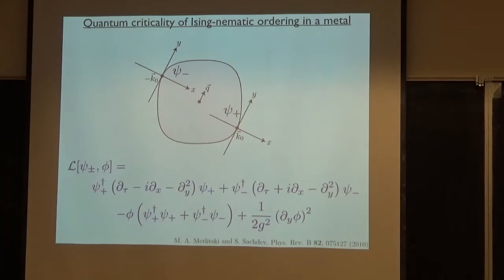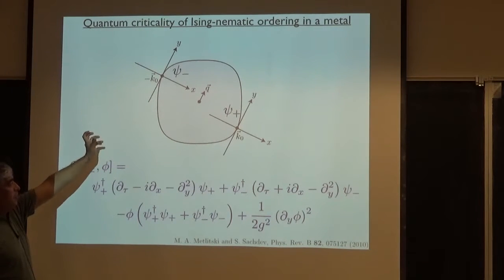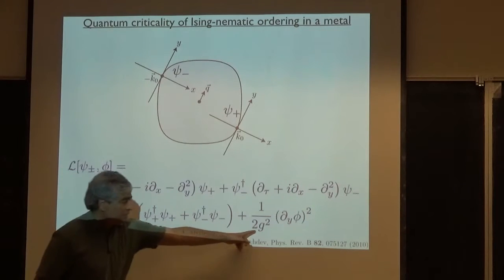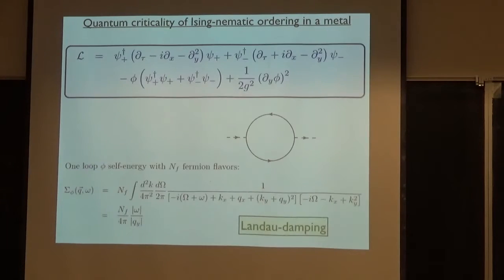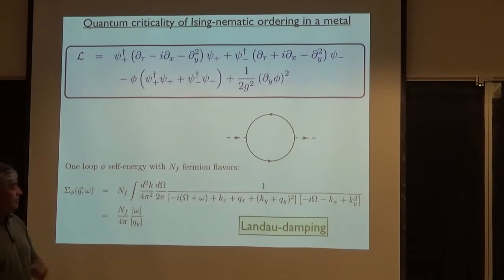But for now, let me just take this theory. All I've done is this expansion about the two points and do perturbation theory in g. All right, so the first thing you do is evaluate Landau damping. This is exactly the analog of the calculation we did for the hotspots. You just do this integral, and this is the answer.